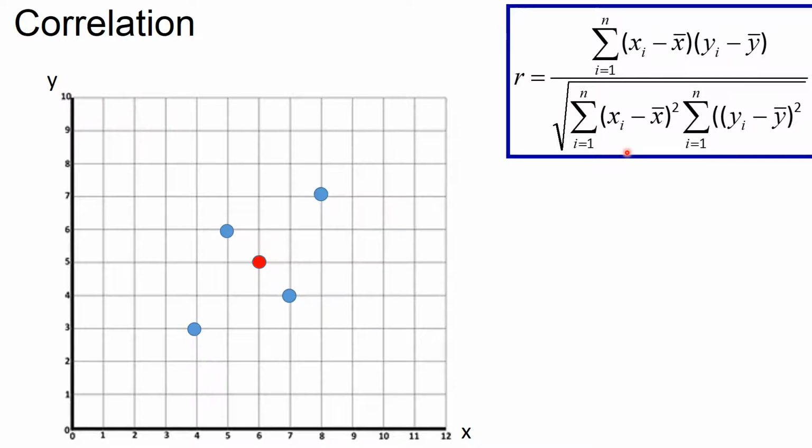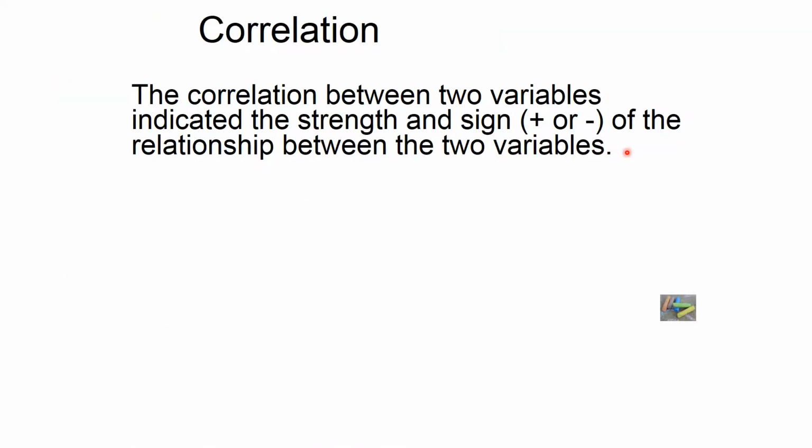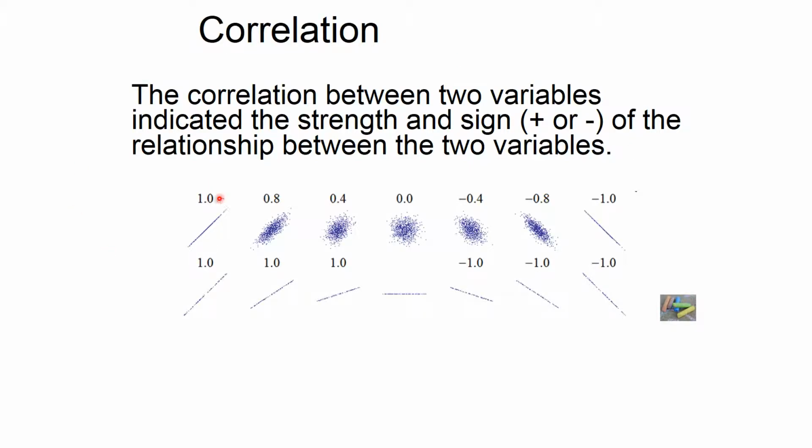Okay, so if we look at what this means in terms of clouds of data, if we have a positive correlation, a perfect correlation between two variables, our data should fall along a straight line. And if it's a perfect negative correlation, it should also fall on a straight line. We should get an R of 1.